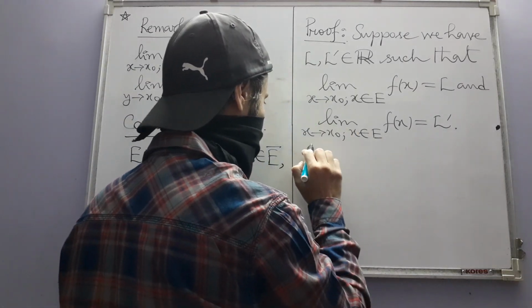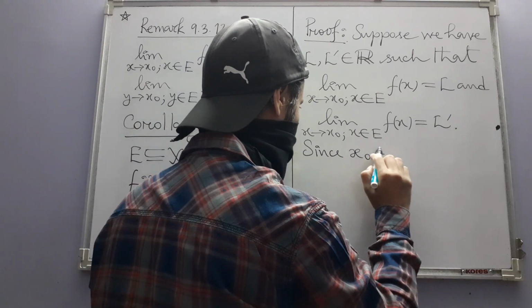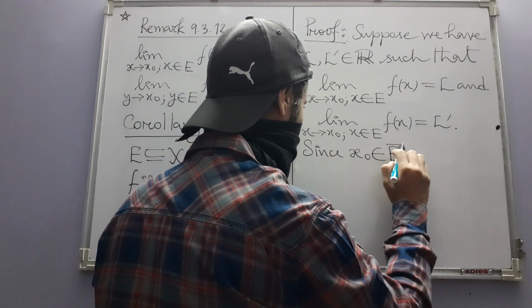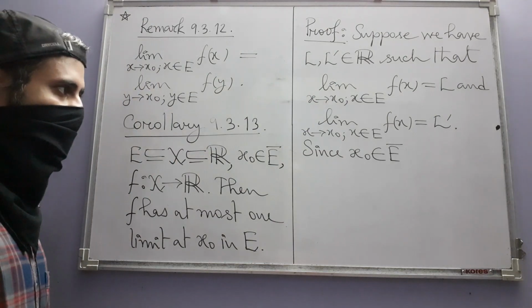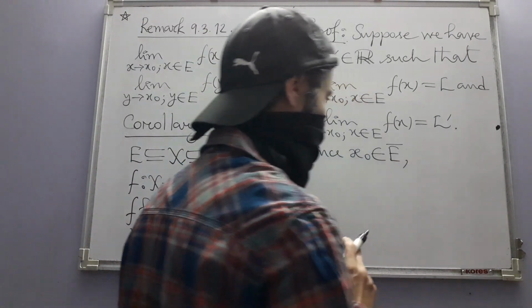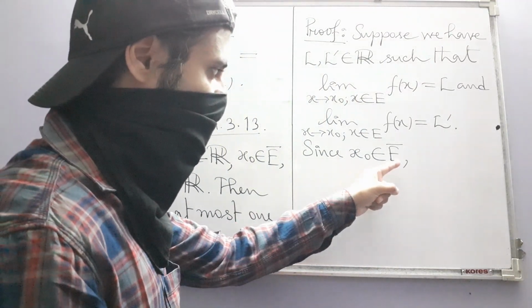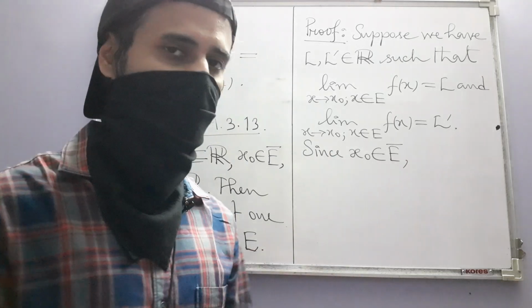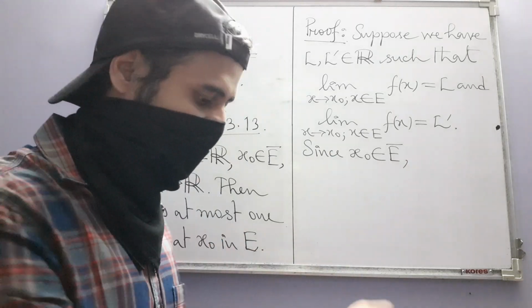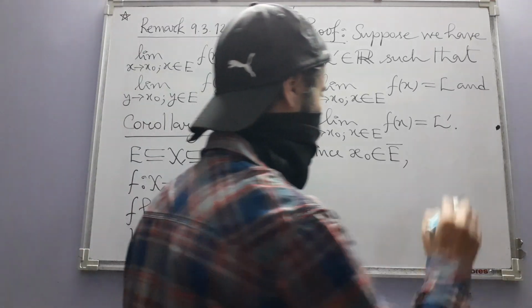Now watch this. Since x0 is an adherent point of E, you recall one result which says that in that case there will be a sequence in E that converges to x0, and that result is lemma 9.1.14.